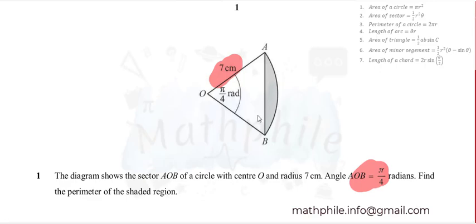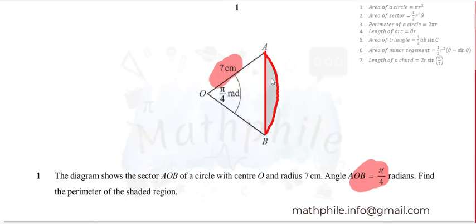Perimeter, we know, is basically the length around a shape or a figure. So looking for the perimeter of this is basically finding the length of this line, which turns out to be a chord. Then we find the length of this arc. If we sum it together, that will give us the perimeter of the shaded region.